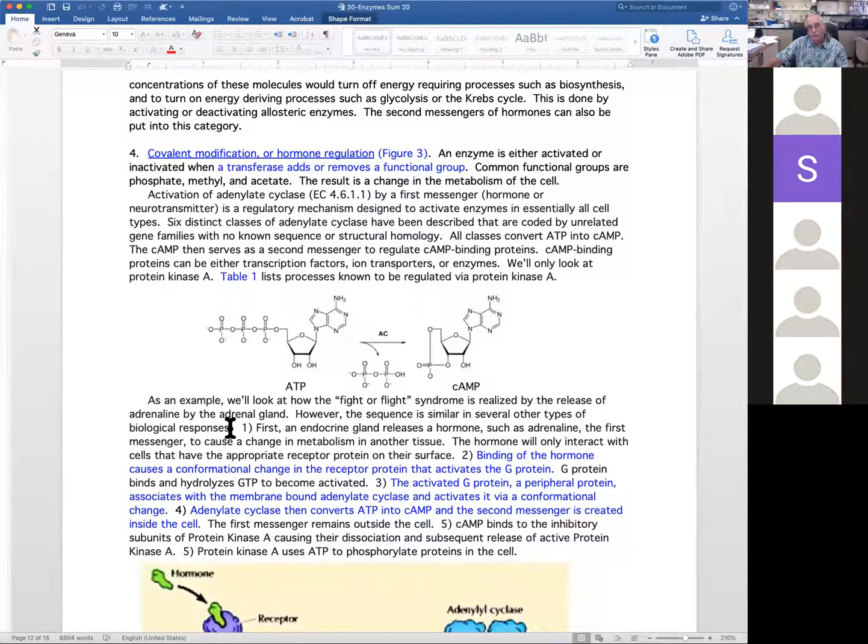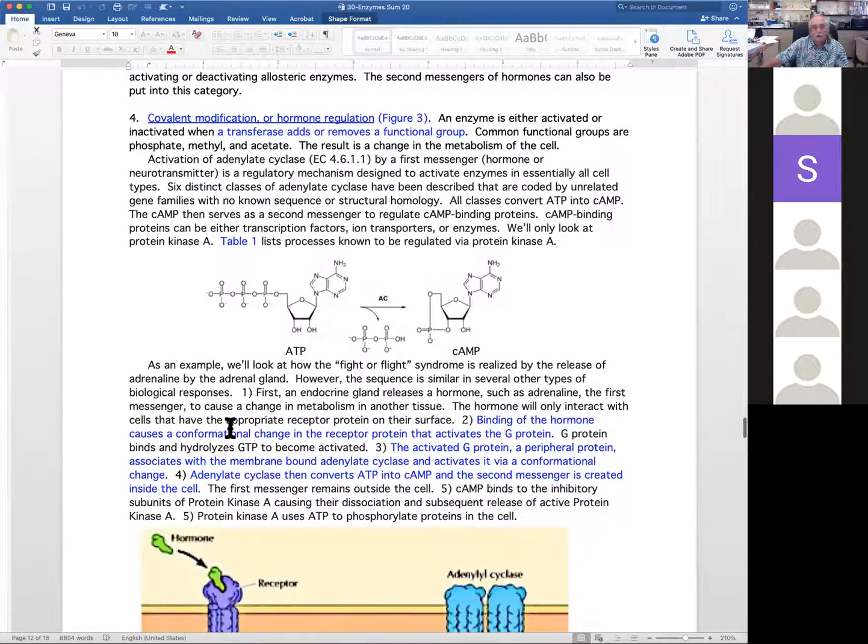So covalent modification or hormone regulation, and we go into this and look at other systems of this in chapter 31, the next chapter in unit 4. But here's a very simple one. So it involves adenylate cyclase.